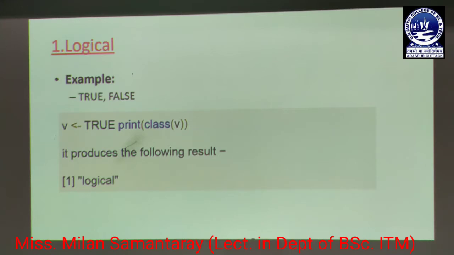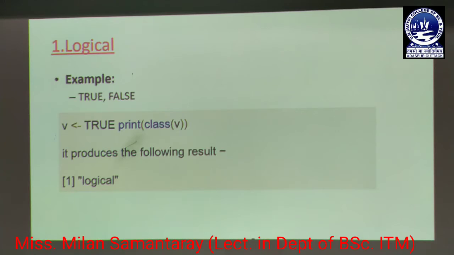So let V be the variable in which we enter the logical value TRUE, and then we print V. This is the format of writing anything in R programming which you want to display in the output window: print(class(V)). It produces the following result: logical.